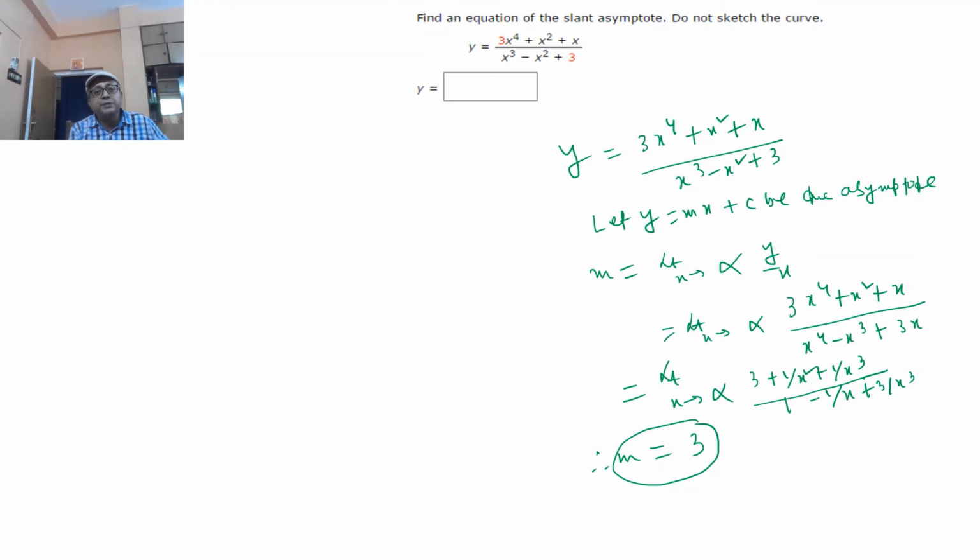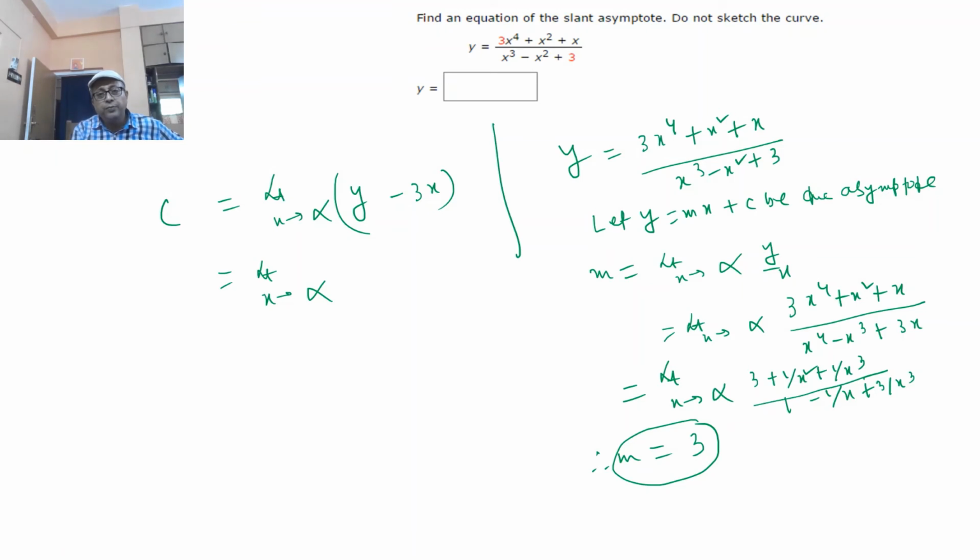How to get the value of c? c is the limit as x tends to infinity of y - mx, that is y - 3x. Now we substitute the value of y. So 3x^4 - 3x^4 gets cancelled.